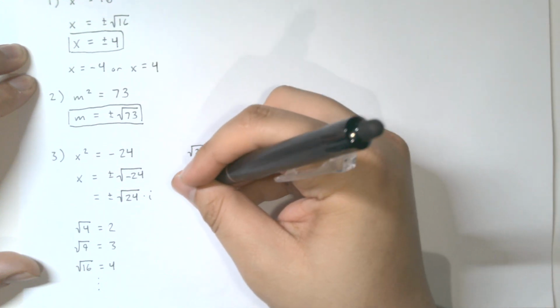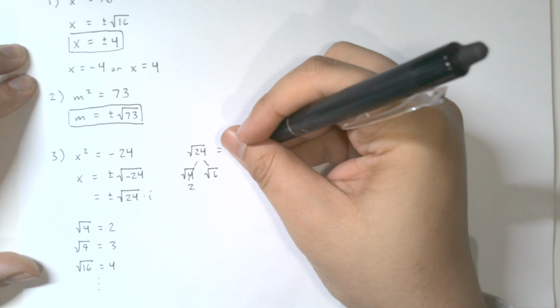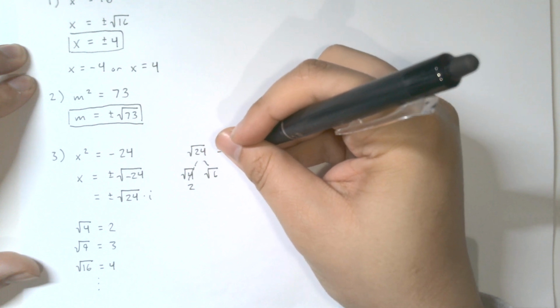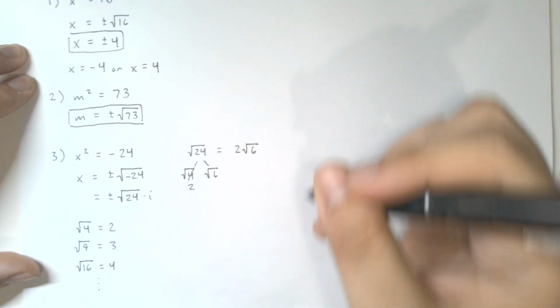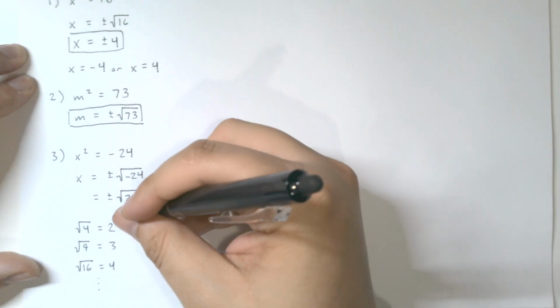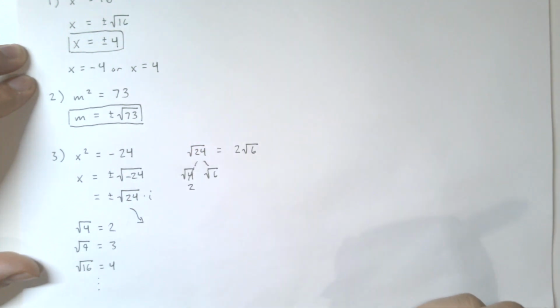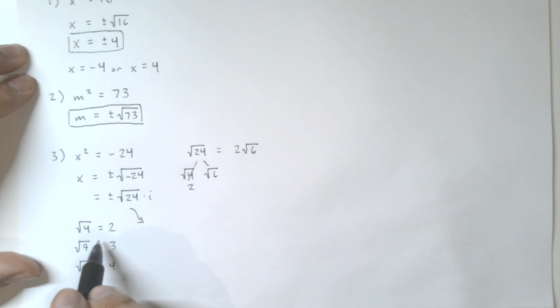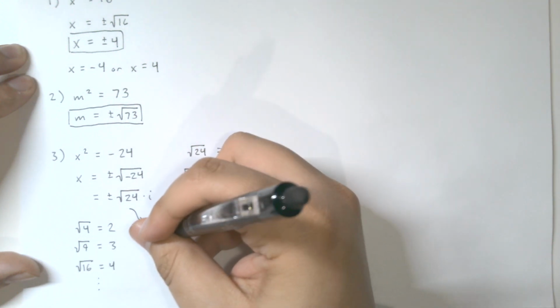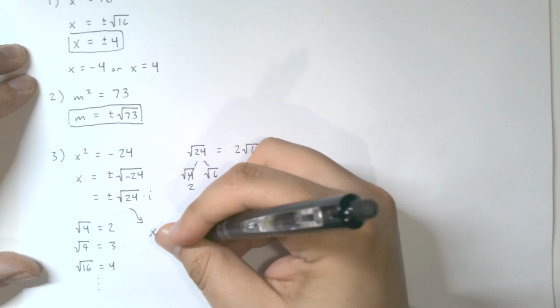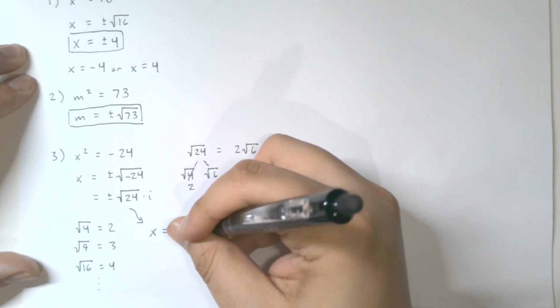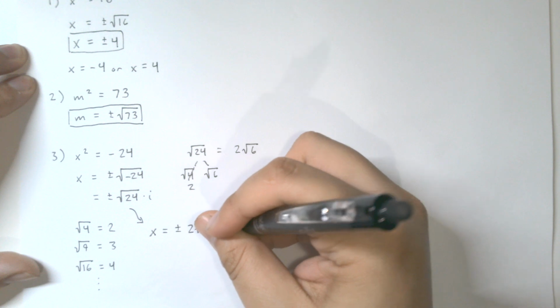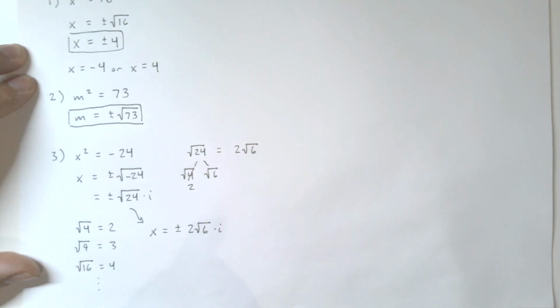And the square root of 4 is 2. Therefore, we can say that the square root of 24 is 2 square root of 6. So I'm just going to say that x is equal to plus or minus 2 square root of 6 times i.